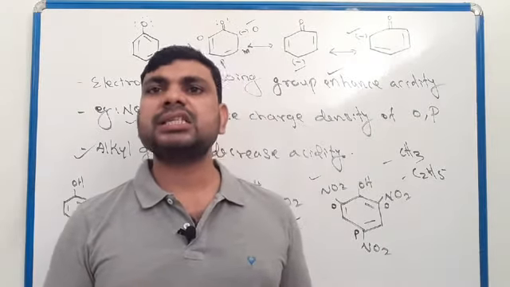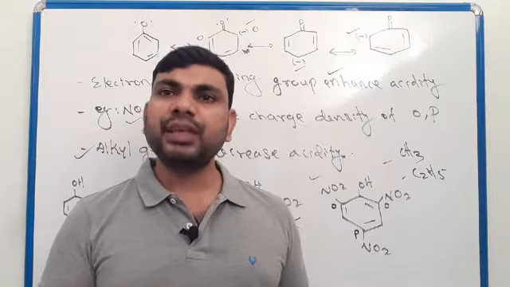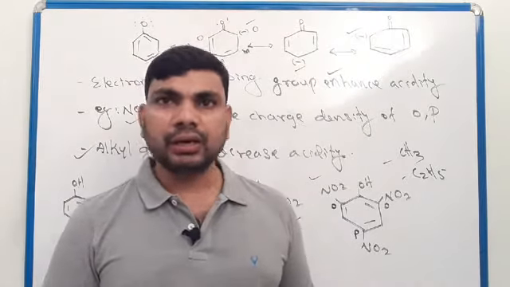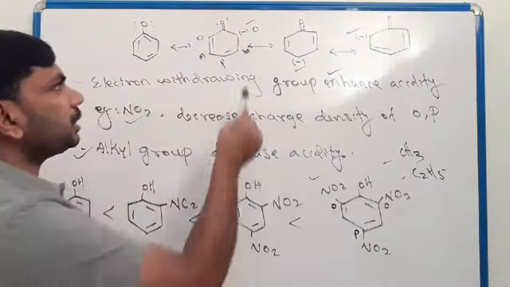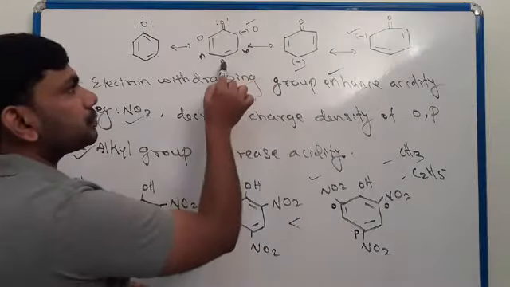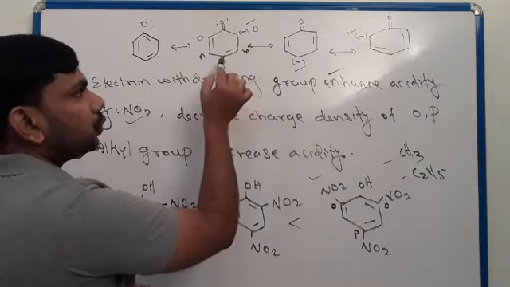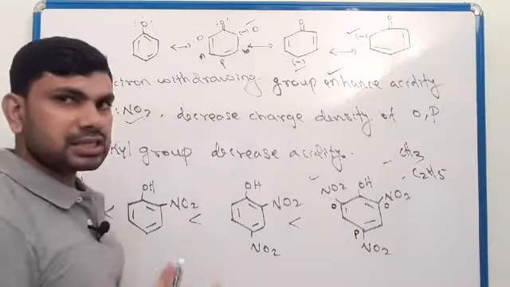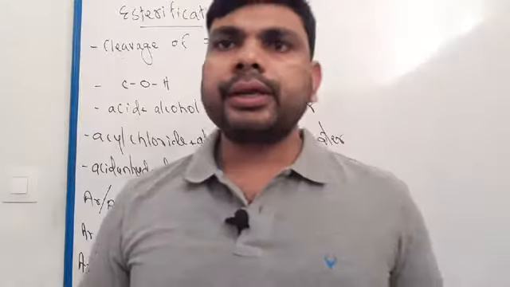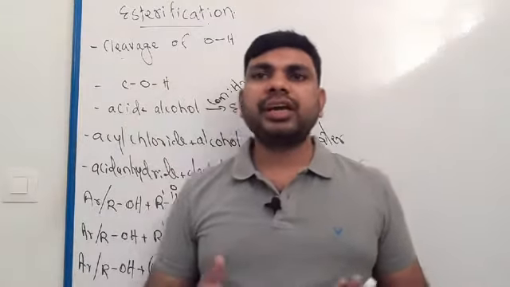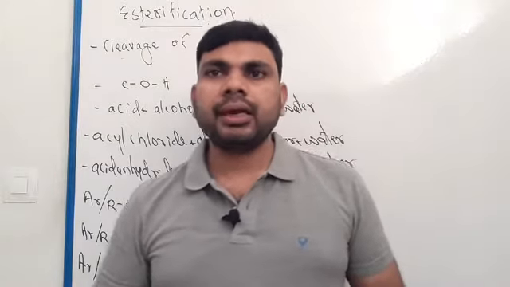Alkyl groups decrease acidity, electron withdrawing groups increase acidity. Also remember these positions: there are two ortho positions and one para position. Clear?